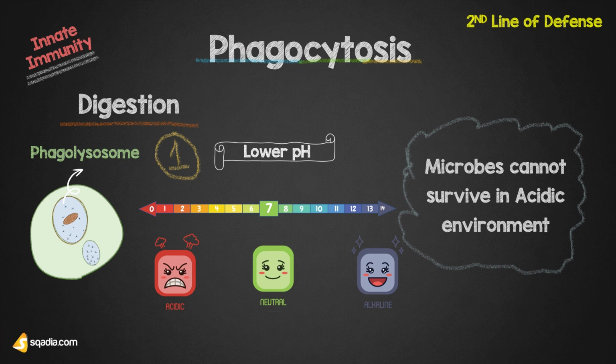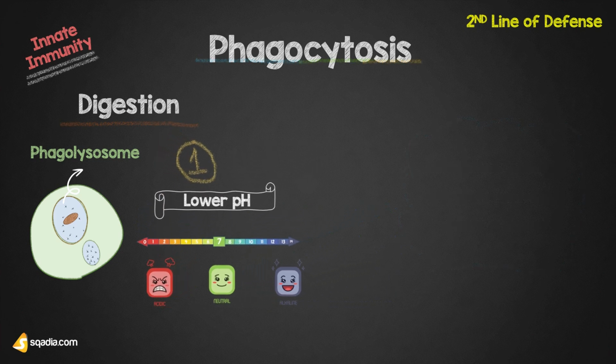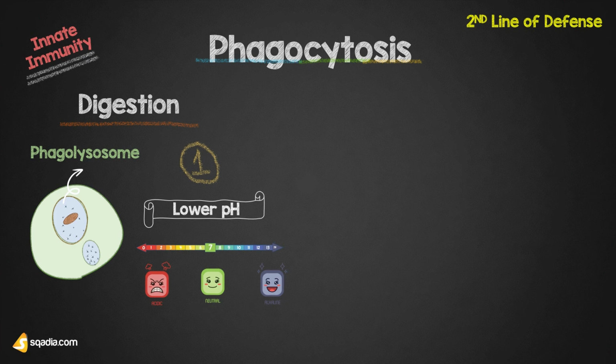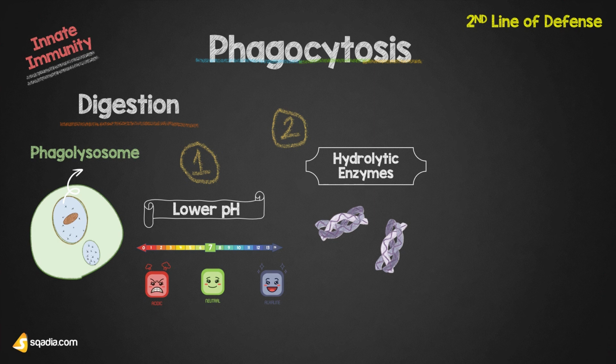The phagolysosome's environment becomes extremely acidic when the pH is lowered. This is an efficient technique to eliminate or neutralize whatever is inside the phagolysosome, preventing it from infecting additional cells.